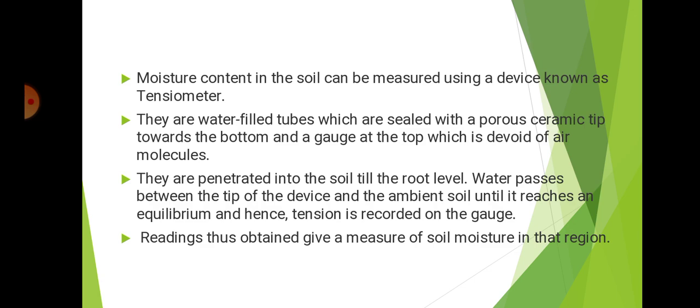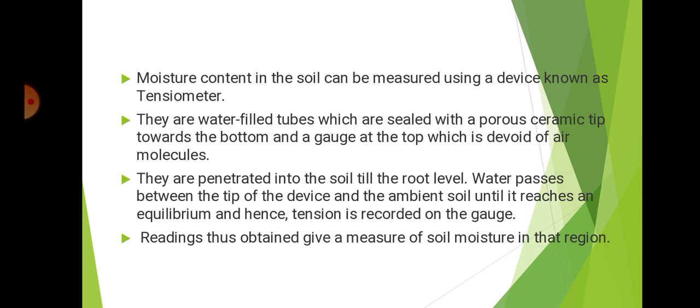Soil moisture content can be measured using a device known as a tensiometer. They are water filled tubes which are sealed with a porous ceramic tip towards the bottom and a gauge at the top which is devoid of air molecules.